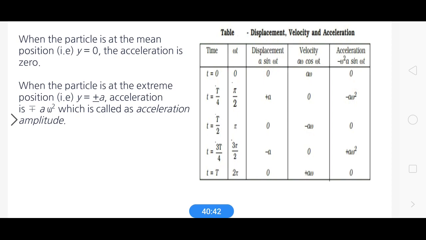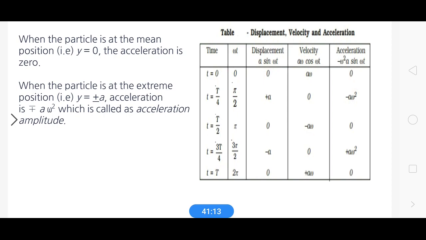So we got the values. At the mean position, the displacement, velocity, acceleration are respectively 0, a omega, 0. Then at T by 4, that is at one of the extreme positions, it is a, velocity 0, acceleration minus a omega square. And again the particle is at the mean position, the displacement 0, velocity minus a omega, acceleration is 0.